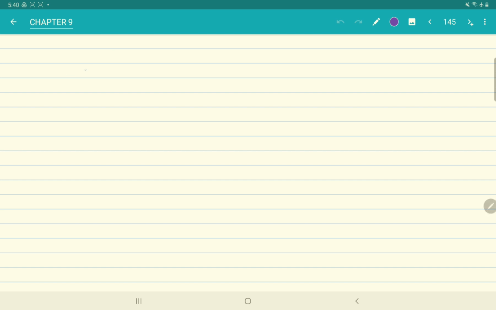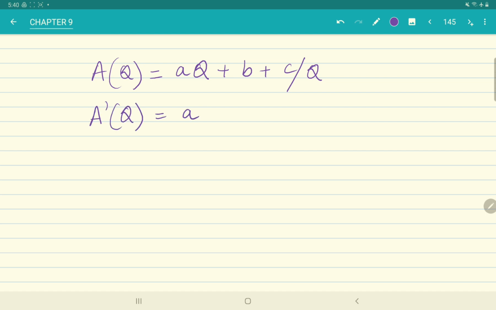So first let me write the average cost function, that is little a q plus b plus c by q. Now I take up the first order derivative, which turns out to be a minus c by q squared.